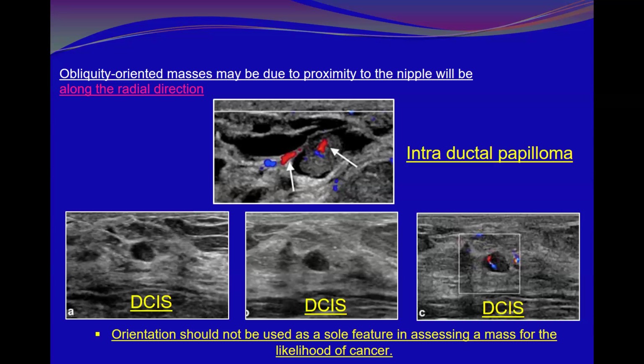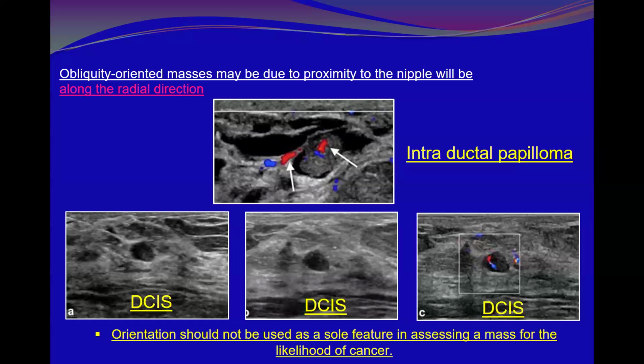Since the ducts point radially toward the nipple, you expect the benign lesions to have the same direction, to be obliquely oriented. So, as there is an explanation for the orientation of a benign lesion in that direction, we consider it as parallel.